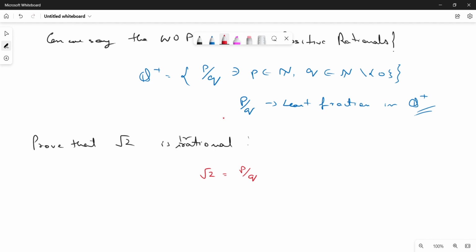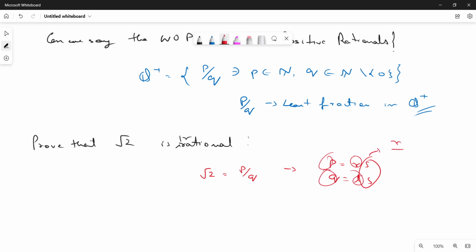Then we used to deduce that P and Q have a common factor. If it has a common factor, then P can be written as some R times S and Q can be written as some L times S, S being the common factor.